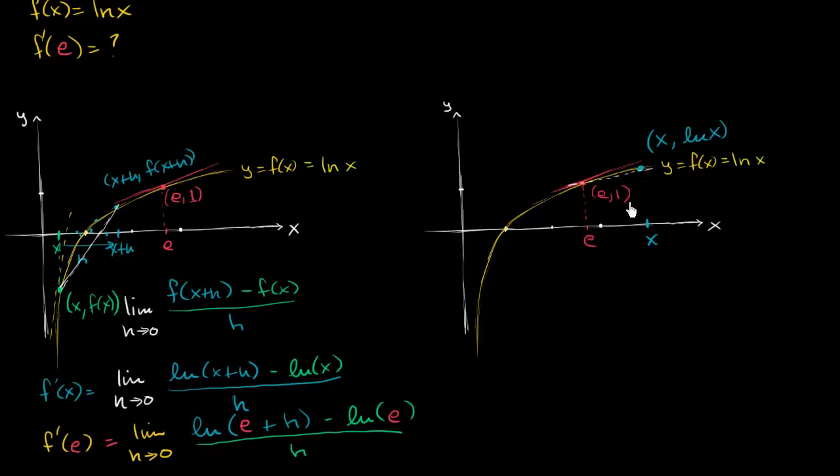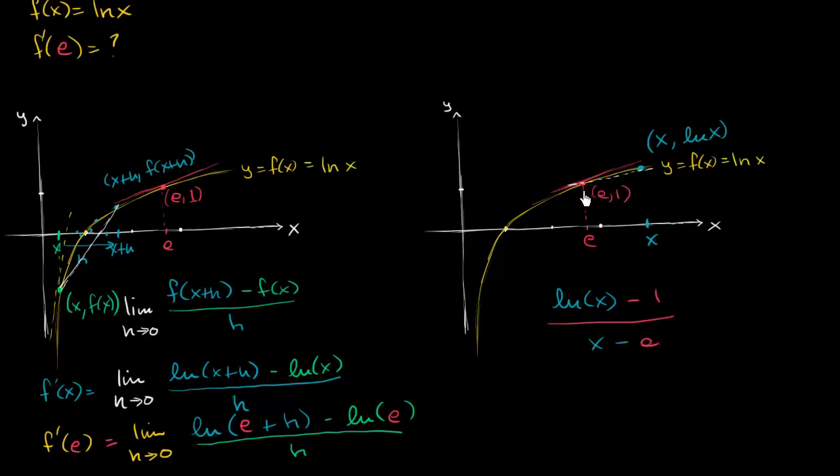Well, it's going to be your change in y values, so it's the natural log of x minus 1, over your change in x values. That's x minus e. So that's the slope of the secant line between those 2 points.